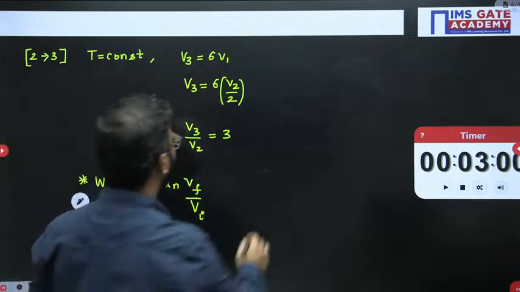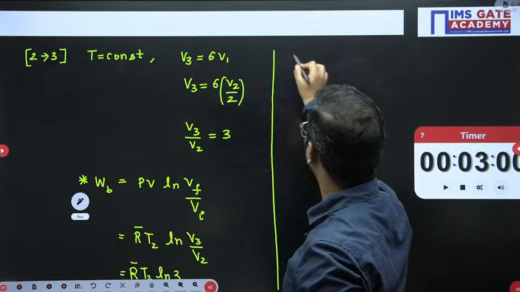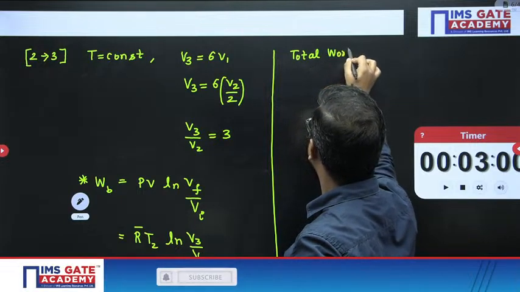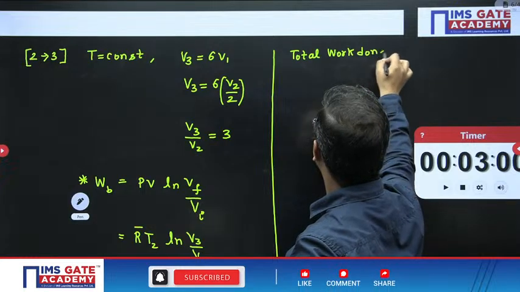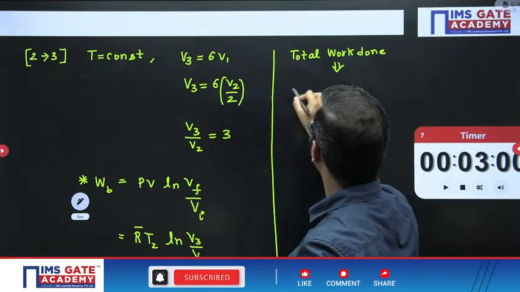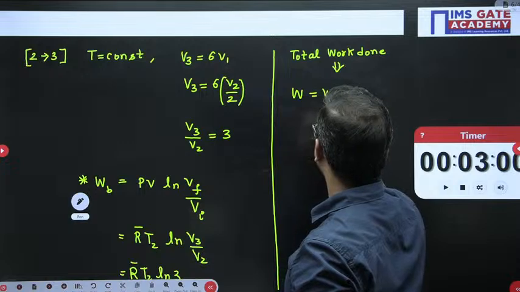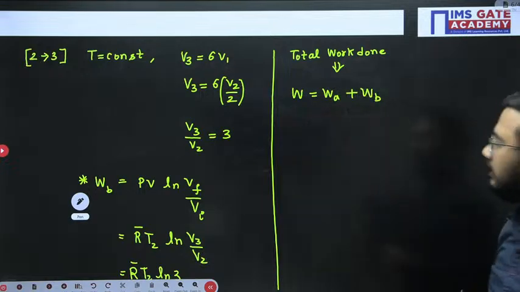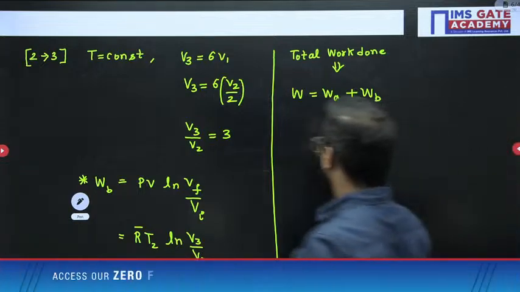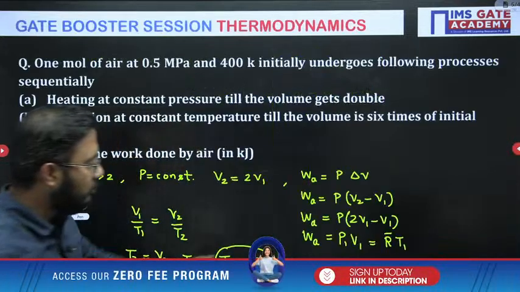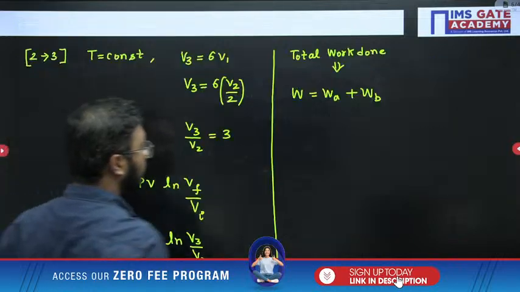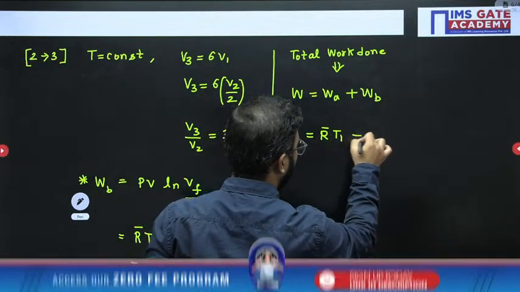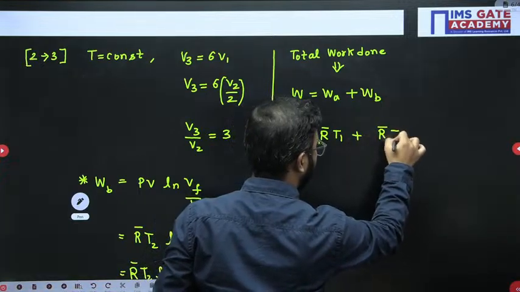Now I can write down the total work done. Total work done is nothing but WA plus WB. WA plus WB, right? Now what is WA? Again please see, WA is R bar T1, this is R bar T2 ln3.